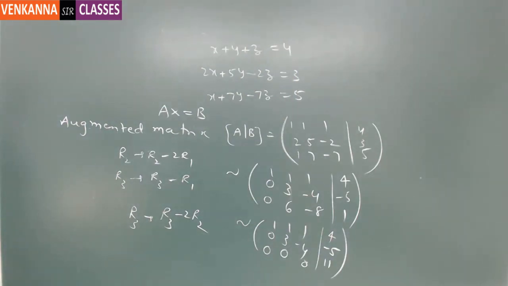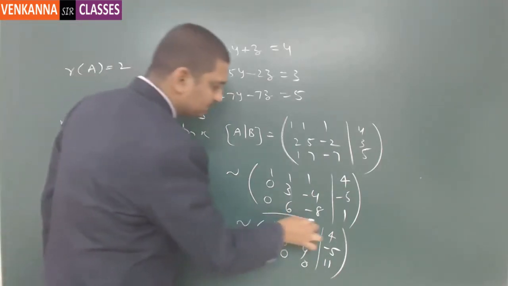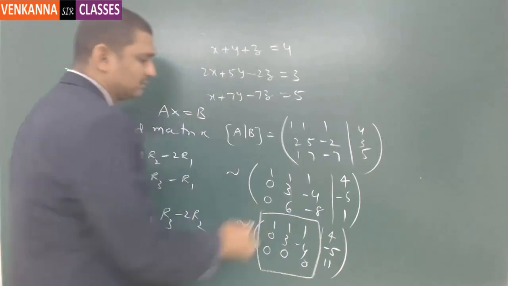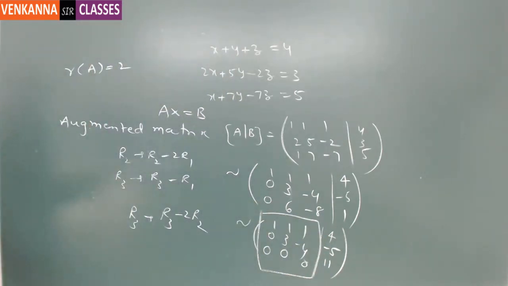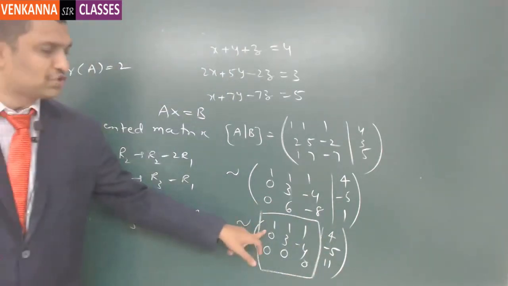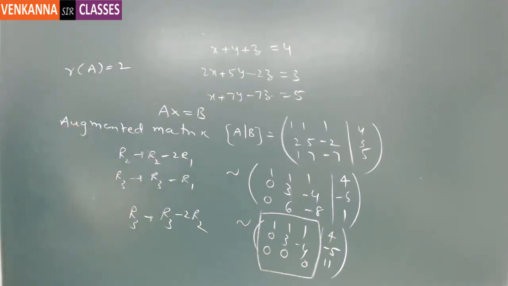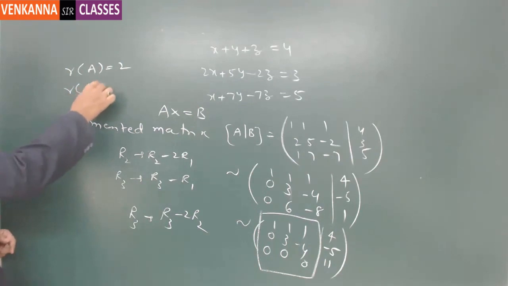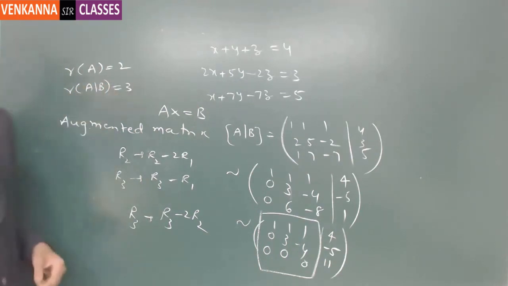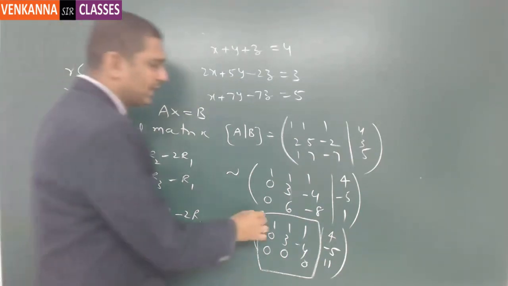Now, if you consider the ranks, rank of A is equal to 2, because this is the part I am considering. It has only two non-zero rows, first row and second row, the third row has become 0. So the rank of A is equal to 2. If you consider rank of A by B, it is 3, because while considering A by B, we will take the whole part.